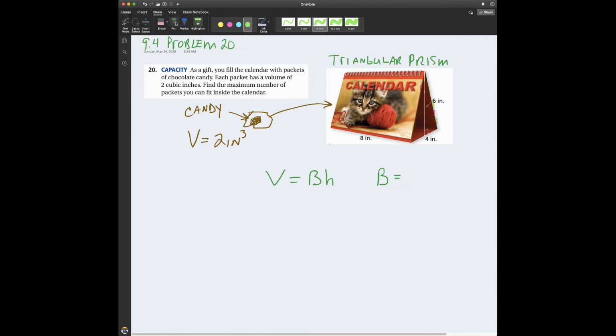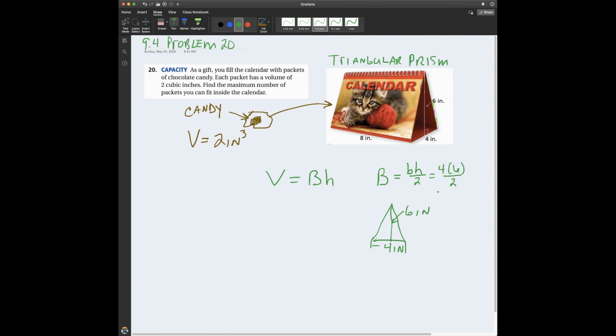I can draw it. So we need to find the area of this triangle. The height of this triangle is 6 inches, and the base of this triangle is 4 inches. So the area is base times height divided by 2, because it's a triangle, and so that is 4 times 6 divided by 2.